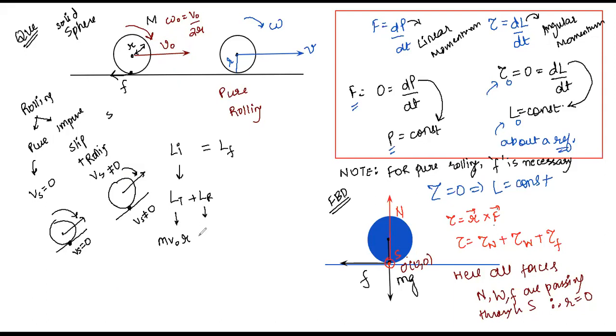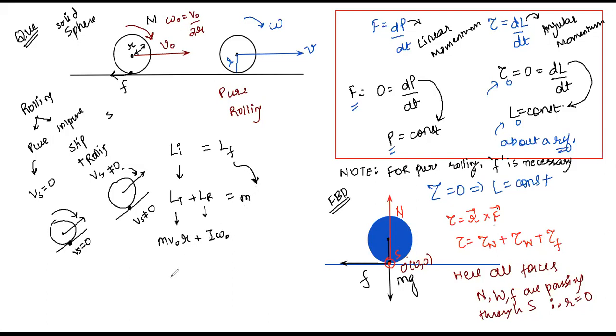Initial rotational angular momentum, tell me. I omega, right? We have taken omega as omega naught initially, correct? Okay, great. Tell me the next one. Final angular momentum. What is the translational value of it?